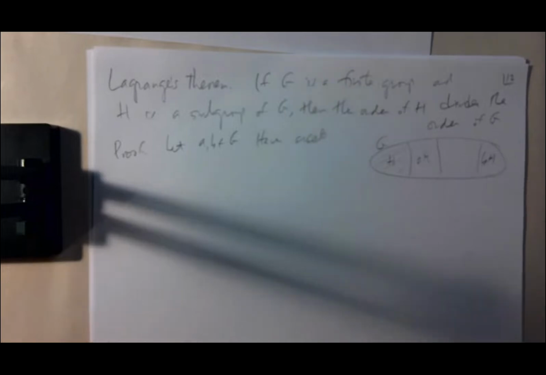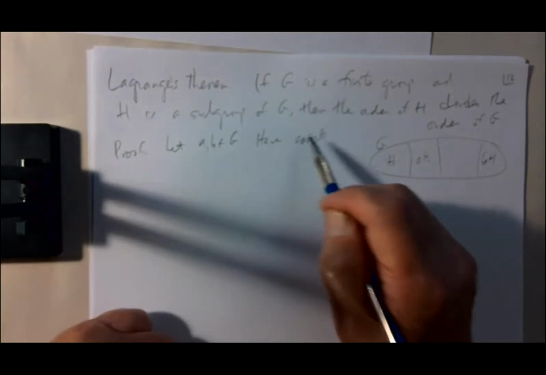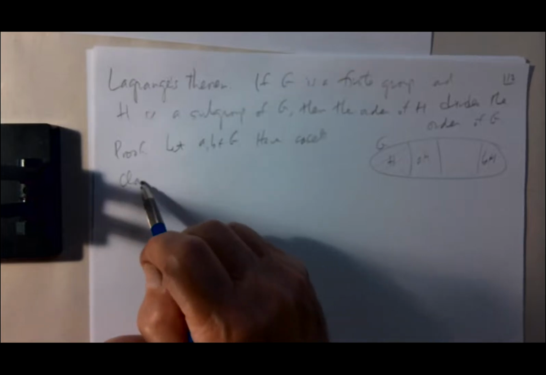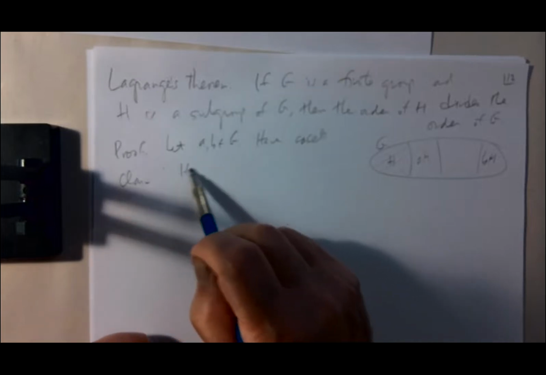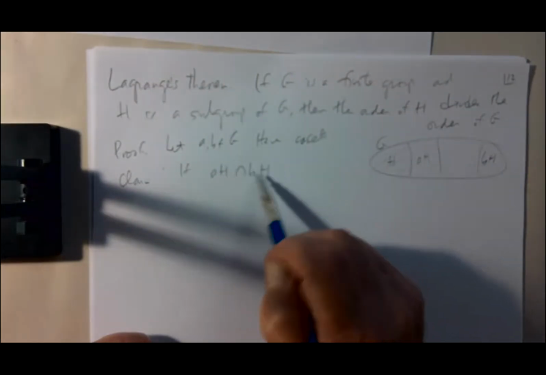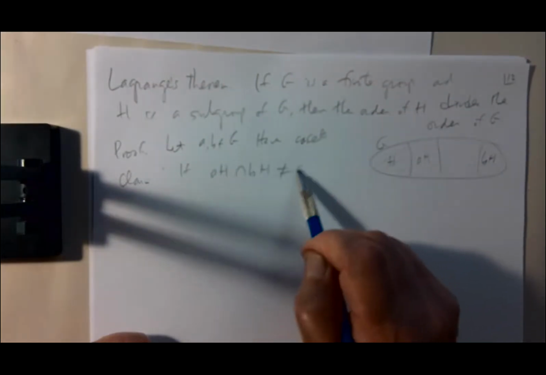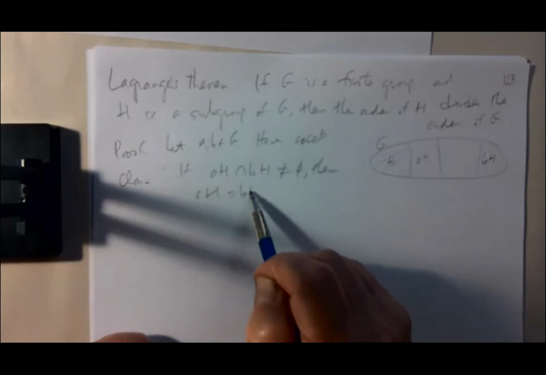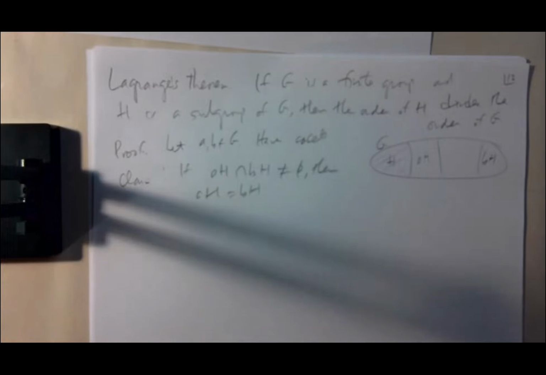These are cosets. They're also subsets of G. And I claim that if 2 cosets intersect, so if the intersection of those 2 sets is not empty, then AH equals BH. So if 2 cosets intersect, they're in fact equal sets.